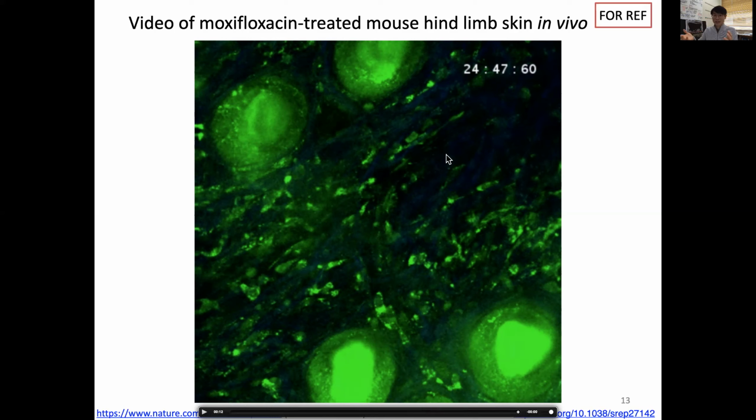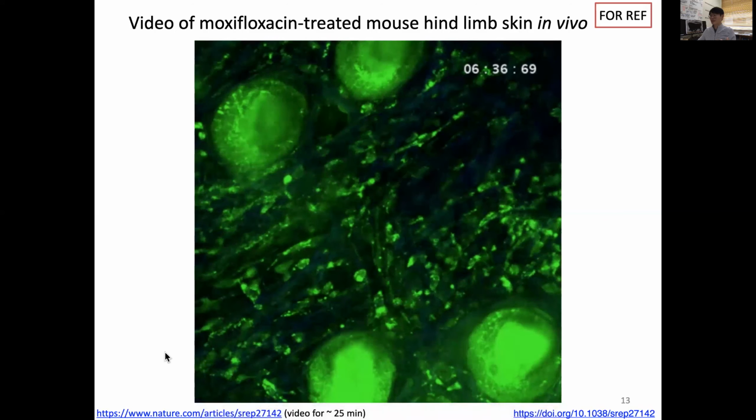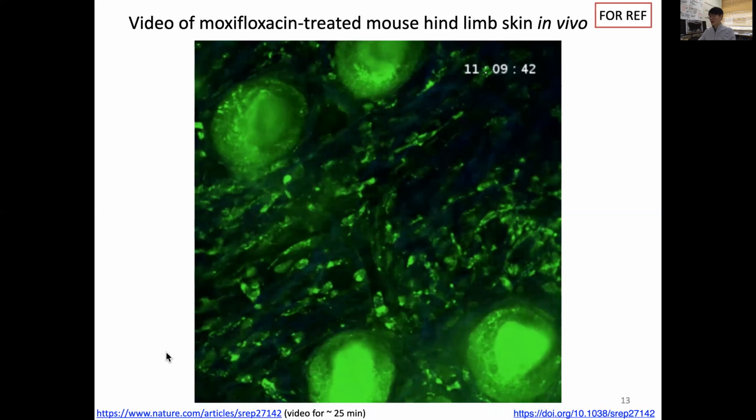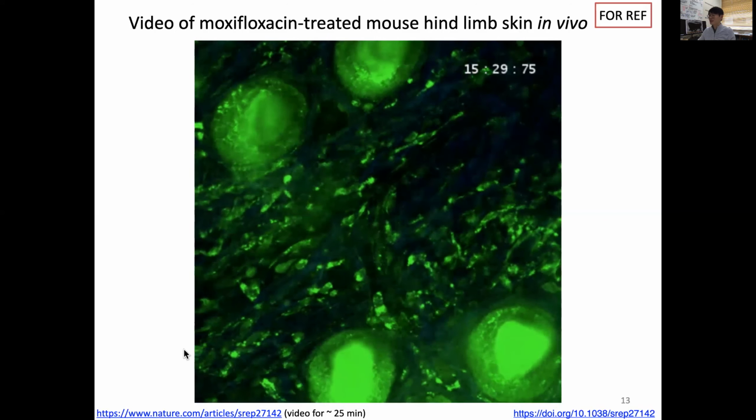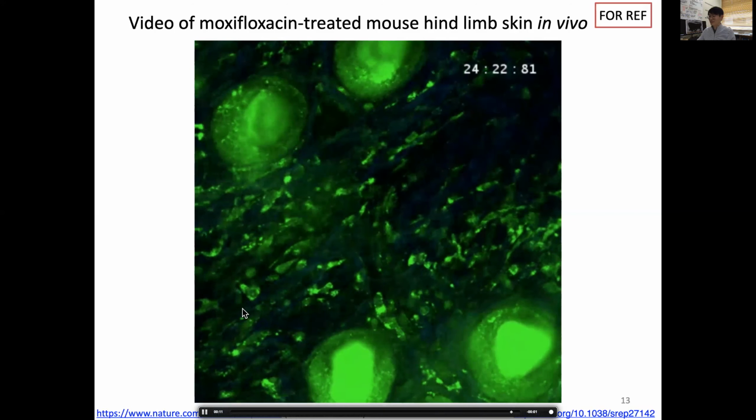So let's take one more quick run. You can appreciate how dynamic our body is in trying to help and protect us. Yeah, these cells have some granules inside, and they keep moving.